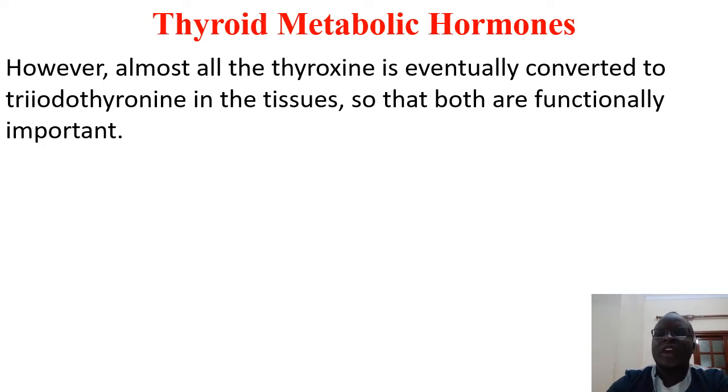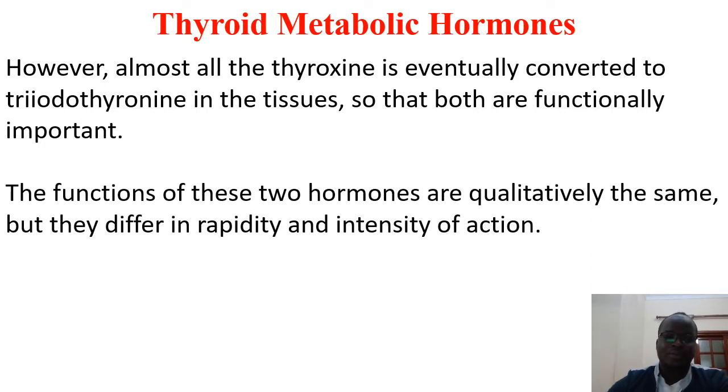So if you have a deiodinase reaction whereby you have deiodinase enzyme that will remove iodine, then the thyroxine, or the tetraiodothyronine, can be converted to triiodothyronine within the tissues. Then that will render this hormone very effective at stimulating chemical reactions, and also the cell will respond because of that.